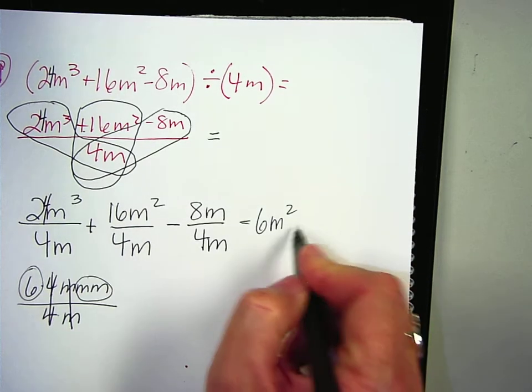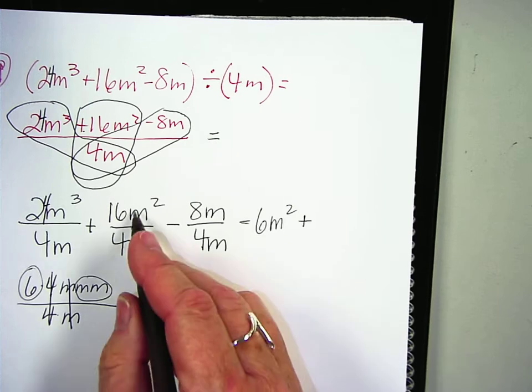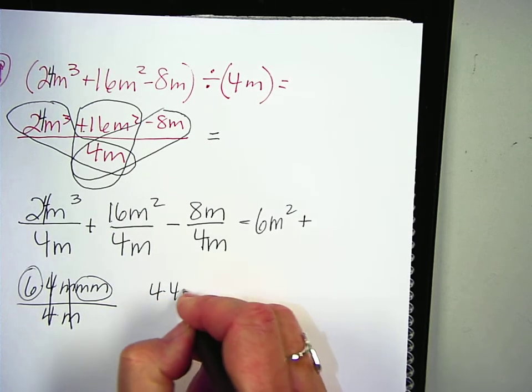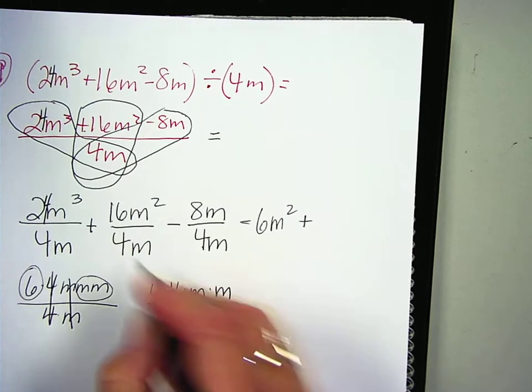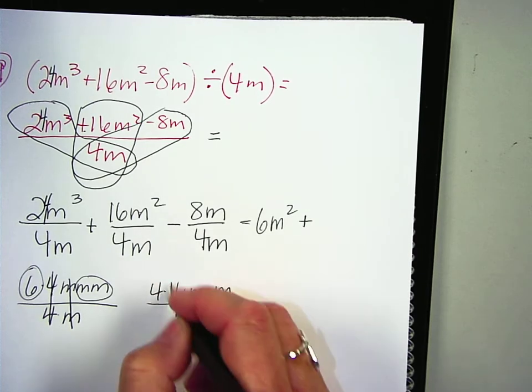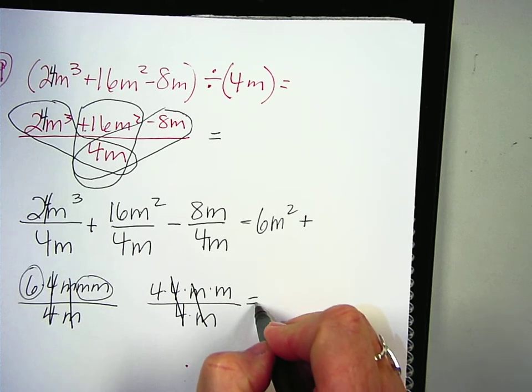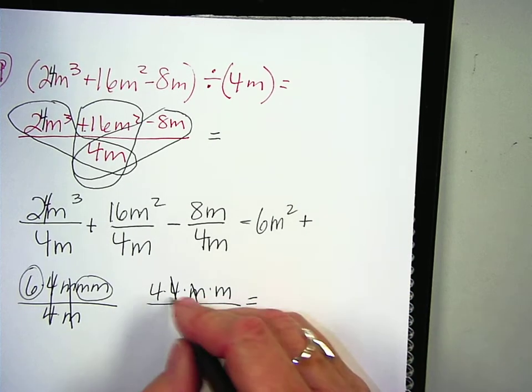Plus 16m squared is 4 times m times m. And 4m is 4 times m. One set of 4's cancels out, one set of m's cancels out, and we are left with 4m.